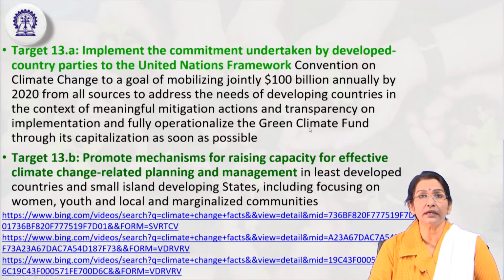So how can this Green Climate Fund be distributed and utilized properly, and how should the developed countries reach out to the underdeveloped or developing countries to capitalize on this benefit in terms of creating sources of renewable energy and installing the infrastructure? Target 13.B again says to promote mechanisms for raising the capacity for effective climate change related planning and management.